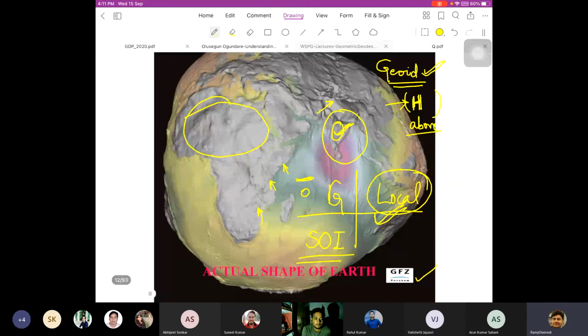What you need to understand at this point is what is the purpose of looking at this slide, which is called the actual shape of earth. The purpose is very simple. Our objective from day one and the first slide was simple. We need to understand about the reference system.